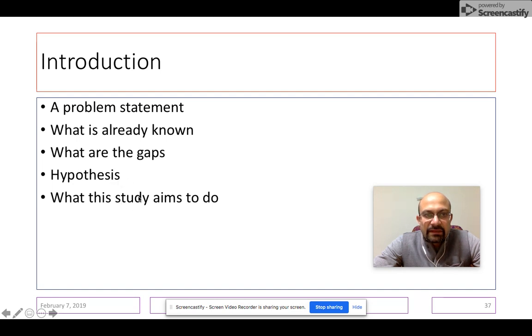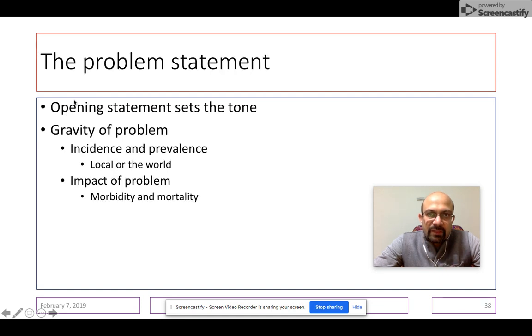And then finally, in the last portion of the introduction, you always write the study aims. So what do you want to study in this research or in this paper? What is the aim of your paper? So that is the structure of the introduction section of a paper.